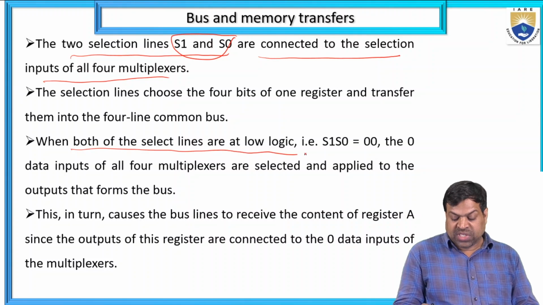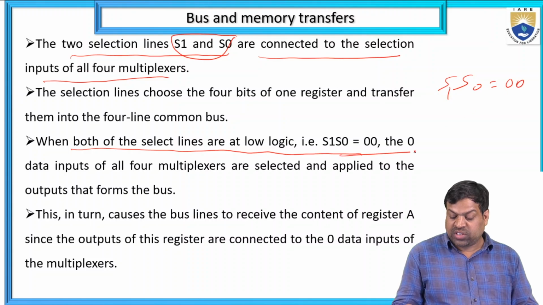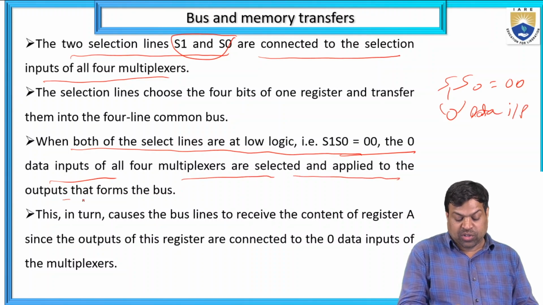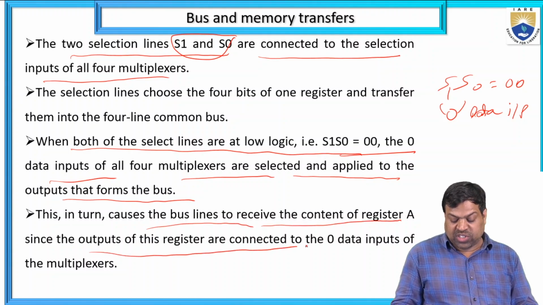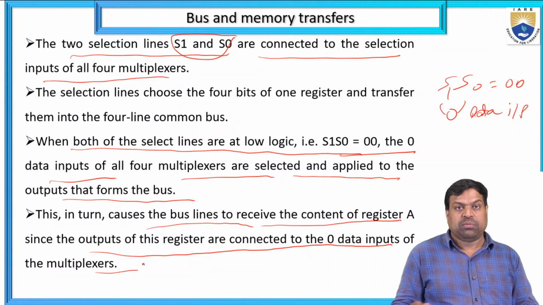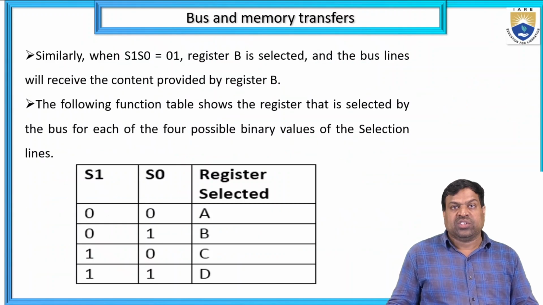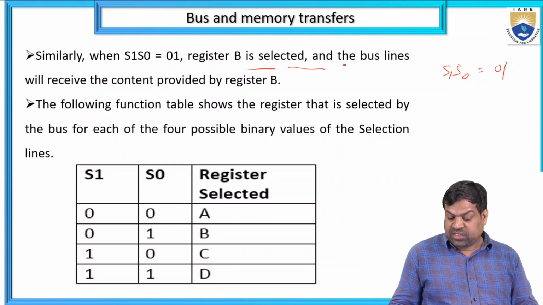So 0, 0 means the 0 input is connected to the output line, and it causes the bus lines to receive the content of register A. The output of this register is connected to input 0 of the multiplexers. Similarly, S1 S0 equal to 0, 1, the register B is selected.